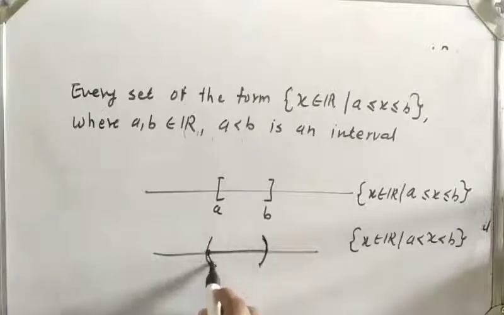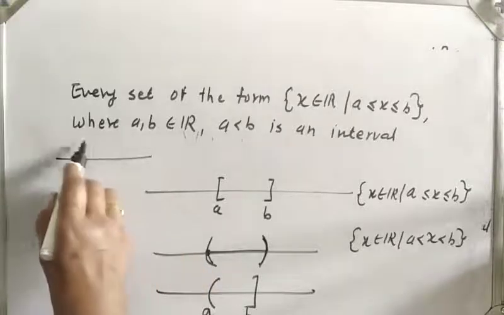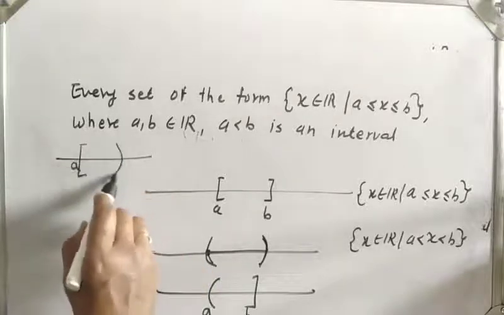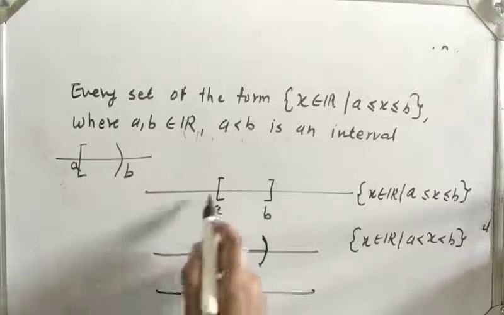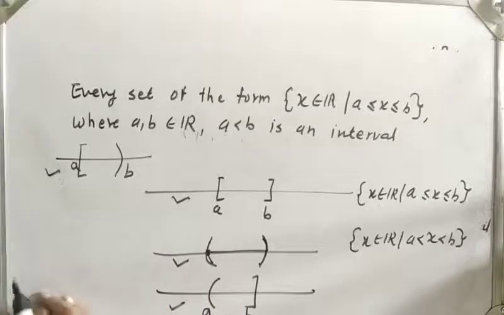So we are taking it as an open interval. Some intervals are like this: A is not included, B is included, or A is included, B is not included. These are half closed, half open intervals.